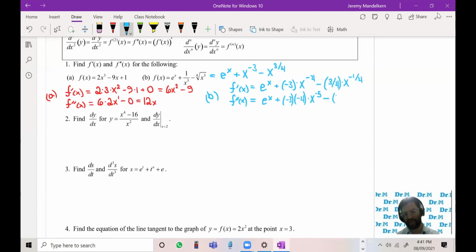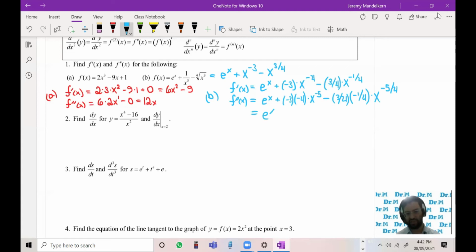And here this is minus 3/4 times a minus 1/4 times x, taking away another 4/4 from already a minus 1/4 gives us minus 5/4. We may simplify this one.